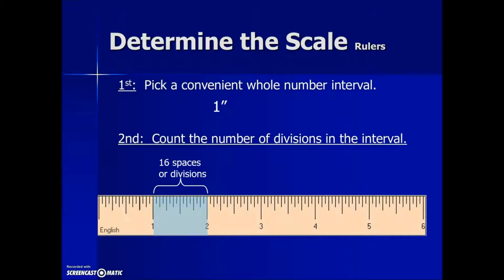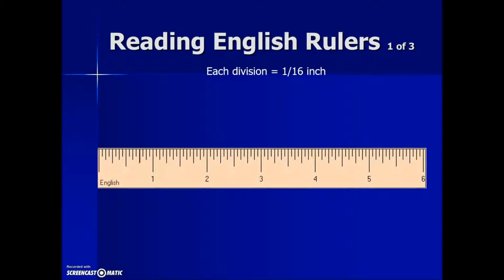If you count, you find that there are 16 spaces in this 1-inch interval, which means each one of those tick marks represents 1 inch divided by 16, or 1/16 of an inch. So when we have a ruler that has 1/16 of an inch and we're measuring a length, we identify the inch portion.